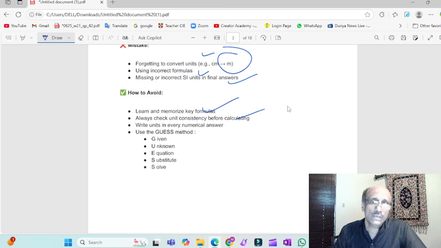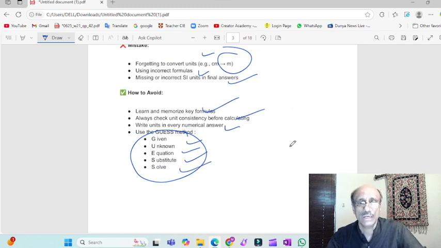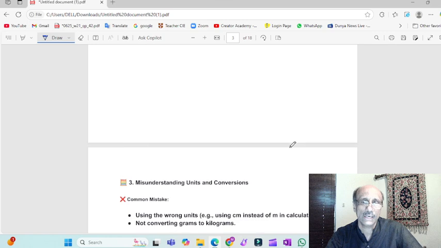Write the unit in every numerical answer, at the final answer. Use the GUESS method: given, unknown, write down the equation, substitute the values and solve it. And then do not forget to write down the unit at the end.